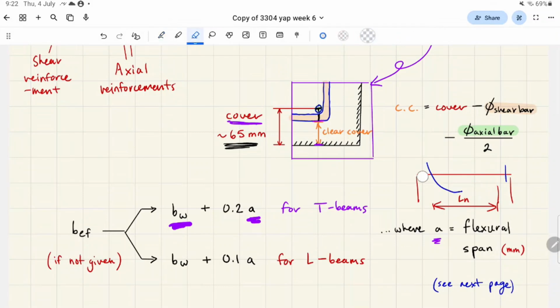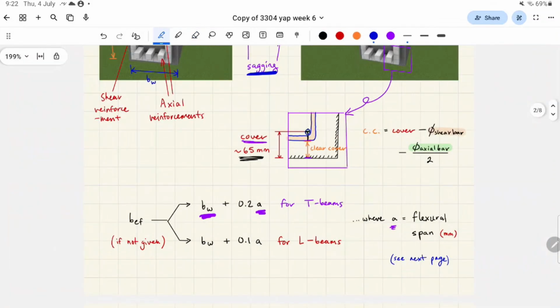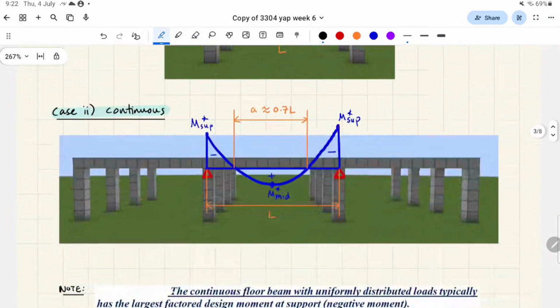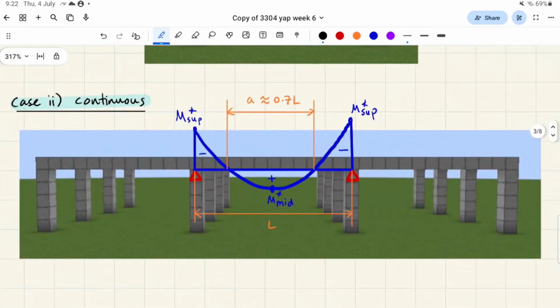But in a continuous beam, let's just see it on the next page. Basically, on a continuous beam like this, a flexural span is basically the distance between where there's 0 moments, right? You see how there's 0 moments here and 0 moments here?